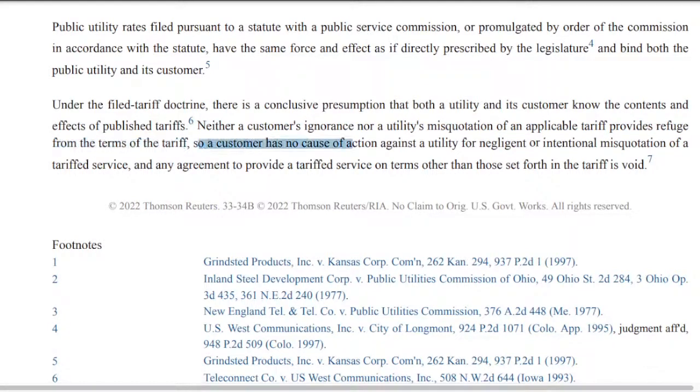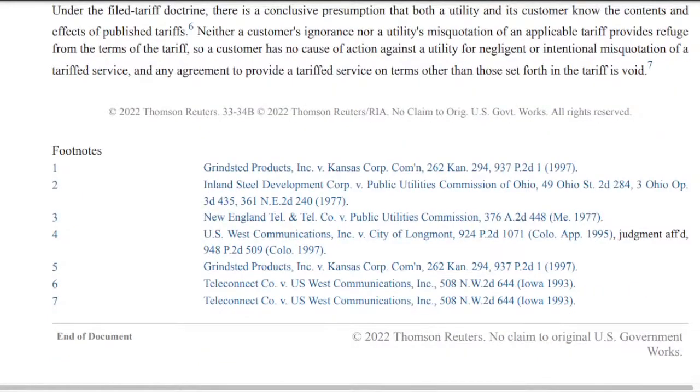So a customer has no cause of action against a utility for negligent or intentional misquotation of a tariff service. And any agreement to provide a tariff service on terms other than those set forth in the tariff is void. Any agreement to provide a service on terms other than those set forth is void. So let's see here. Same case.